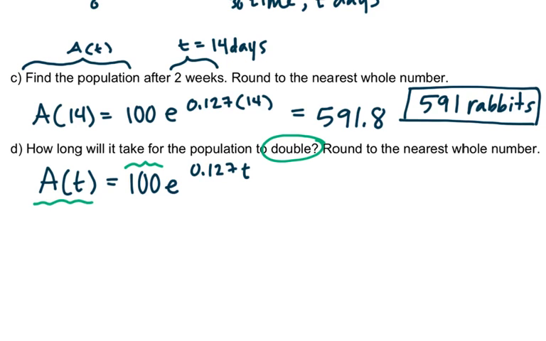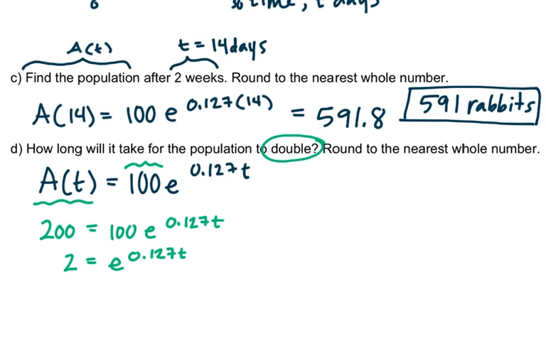So in order to solve this, I would say 200 equals 100 e to the 0.127 t. So now we have to solve an exponential equation. I can divide by 100 on both sides, and 200 divided by 100 gives me 2.